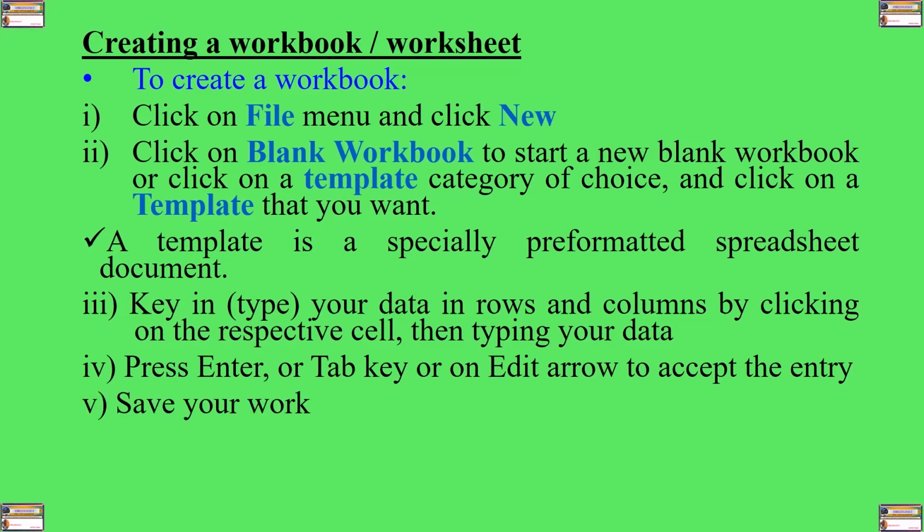And then you save your work. So this task can be done as follows. In other words, here is a demonstration on how you can create a new blank workbook and worksheet and also enter some data into it and save your worksheet and workbook.